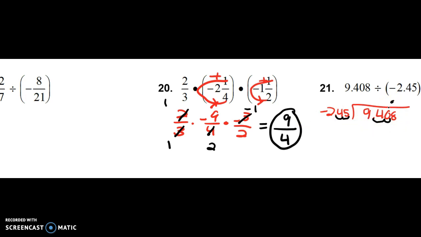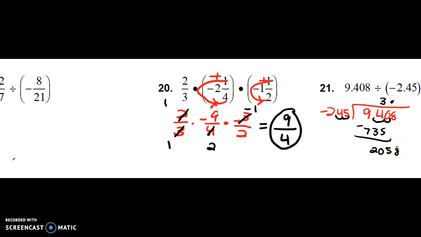Let's see here. 245, 940 goes in 3 times, and that would be 735. So you subtract those two, 940 minus 735. You're going to get 205. Bring down your 8.